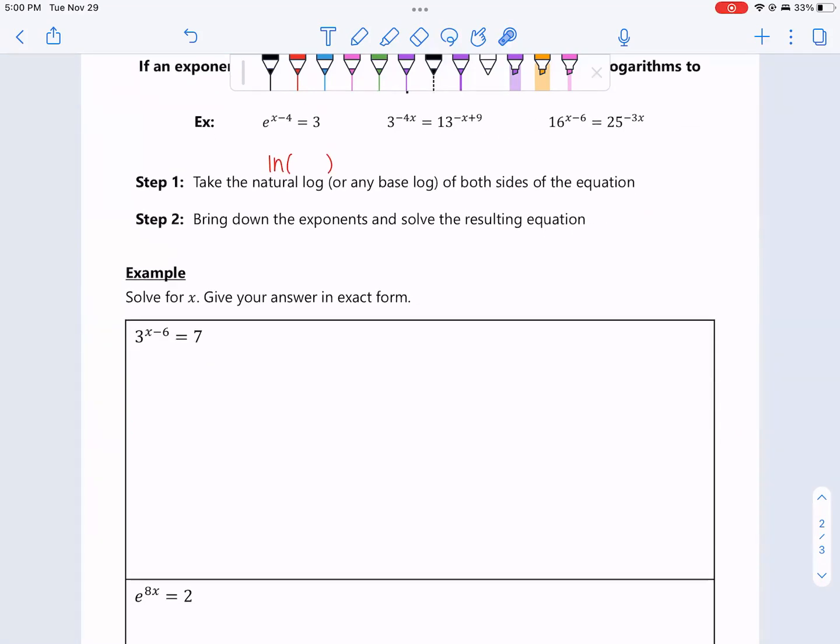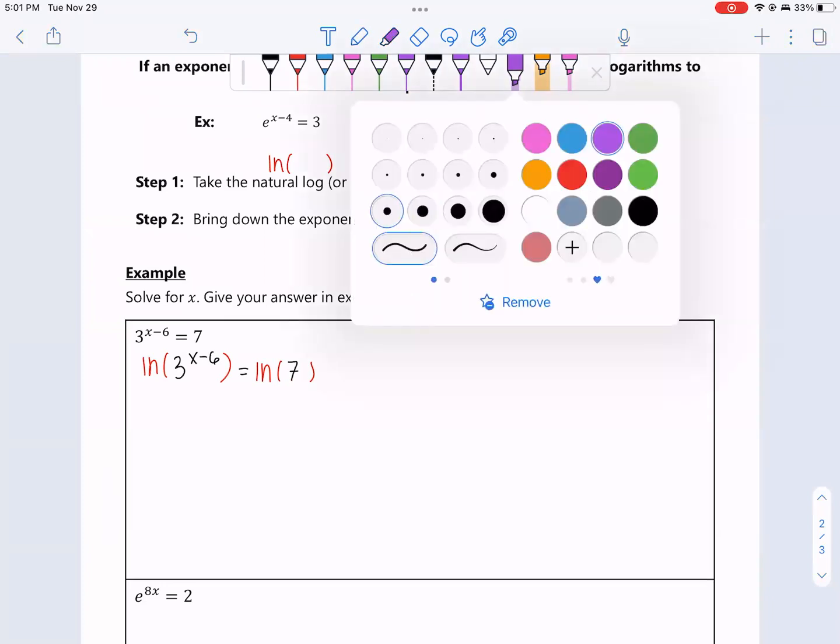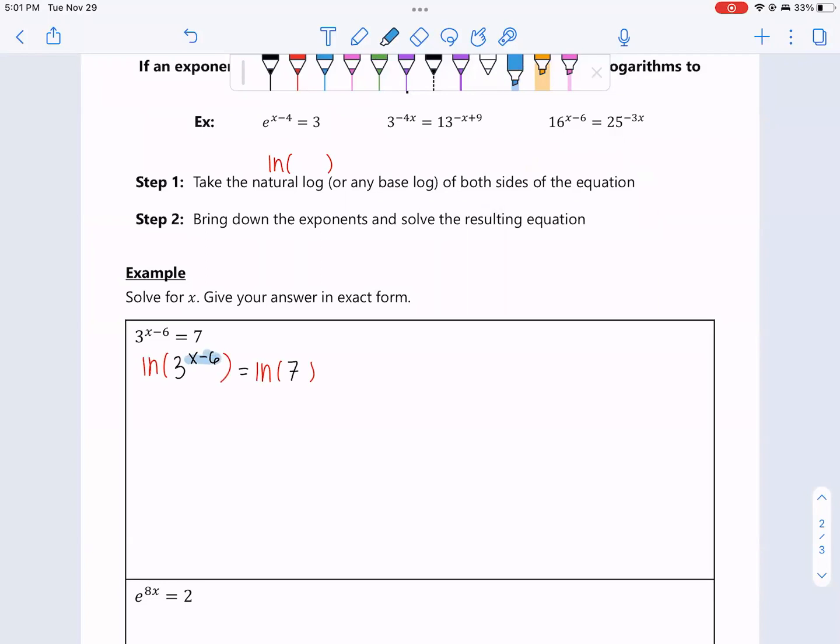Let's do it. We have 3 raised to the x minus 6 equal to 7. I am going to take the natural log on both sides. So we have ln of 3 raised to the x minus 6 is equal to ln of 7. This exponent right here can come down in front.